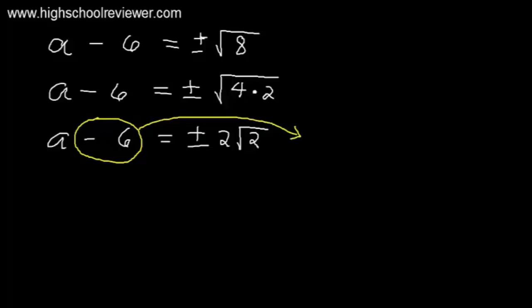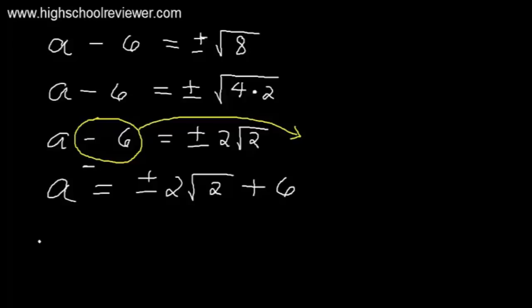Transposing, what will be left on the left side will be positive a, and we will have here plus minus 2 square root of 2. If we transpose negative, this will change sign, this will become positive 6. So to find a, there will be two values. The first one will be the positive 2, so this will be positive 2 square root of 2 plus 6.